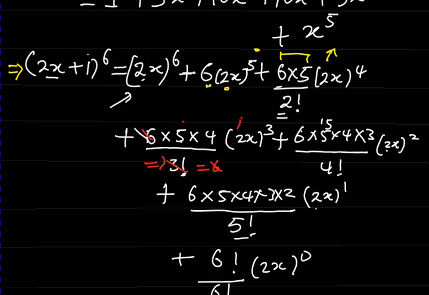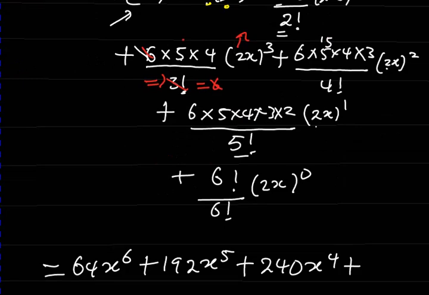Here, 2 raised to the power of 3 is 8. So of course 20 times 8 gives me 160. So the coefficient of the next term is 160, then of course x raised to the power of 3.